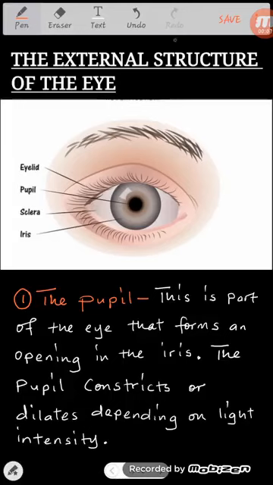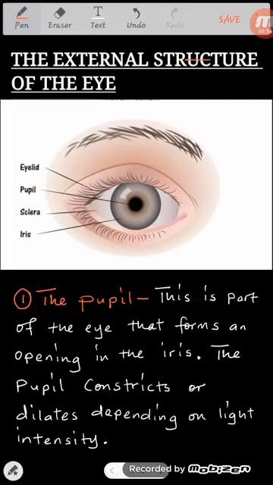Okay, so in biology, again today, we are going to look at the external structure of the eye. The external structure of the eye. Now, in the previous lesson, we had looked at the internal structure of the eye. The word external means the outside of something.